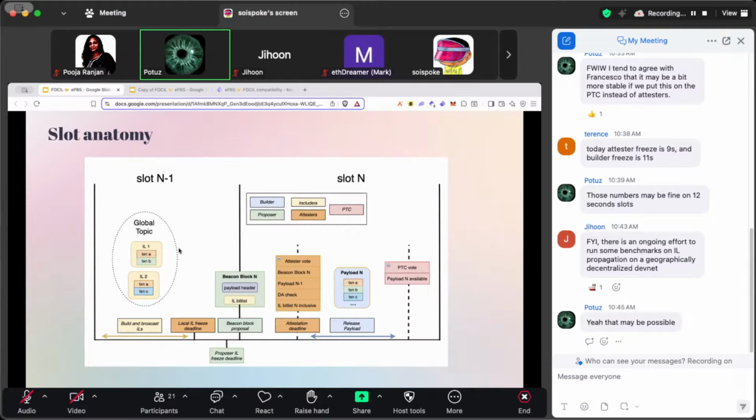They can even execute the payload, but they cannot still import it because they don't know if the data is available or not. So if they do their own sampling and their own sampling tells them this payload is available, then they will not include a transaction that is being actually censored, because they see the transaction being included. They will not submit that transaction in the IL, but still the payload would revert because it's not available.